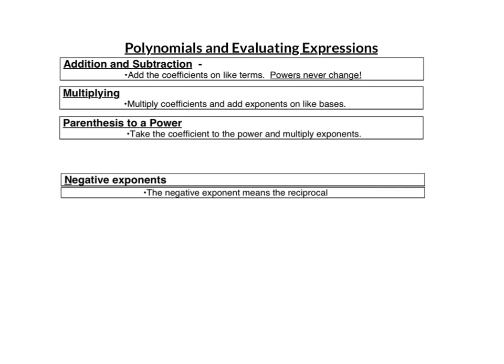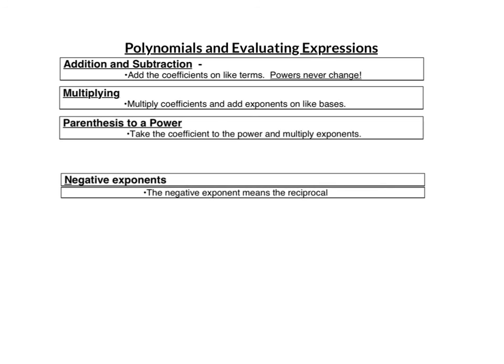Quick review. With polynomials, students get these 3 mixed up. When you add, the powers never change. You add the coefficients. Notice there's 2 things there. Add the coefficients, powers never change. Multiplying, again, 2 things. You multiply the coefficients and you add the exponents on like bases.